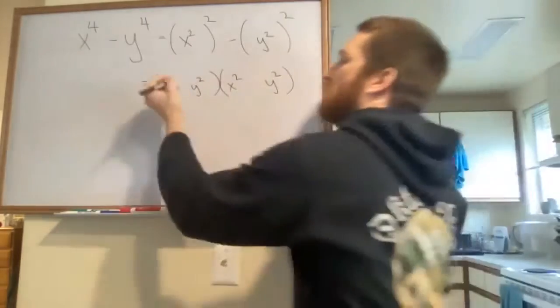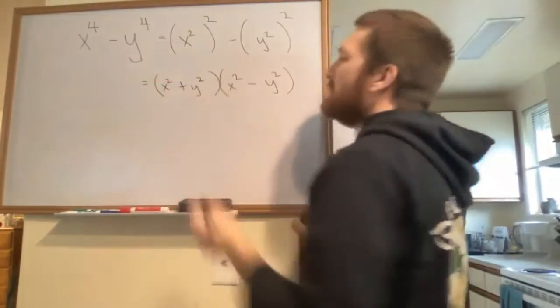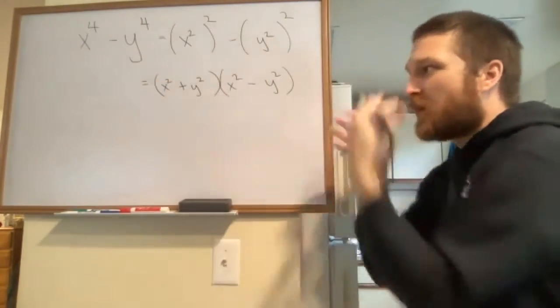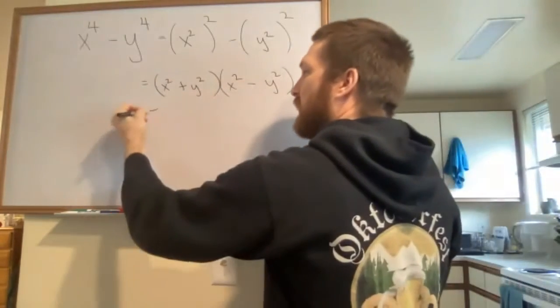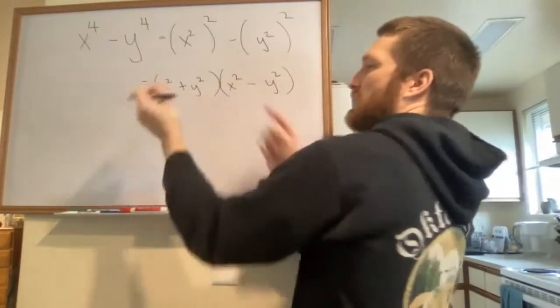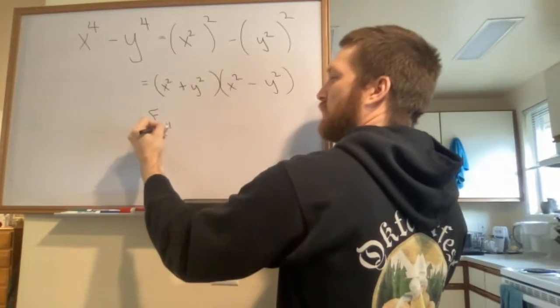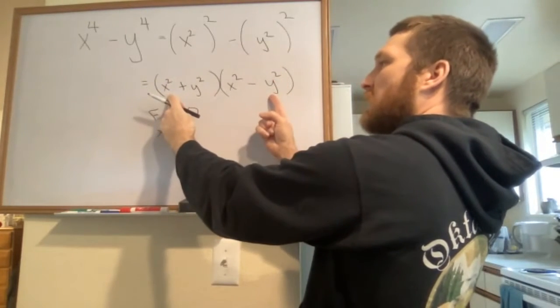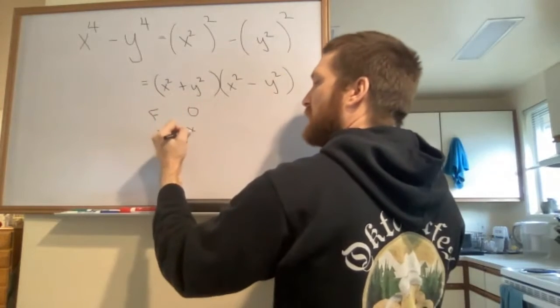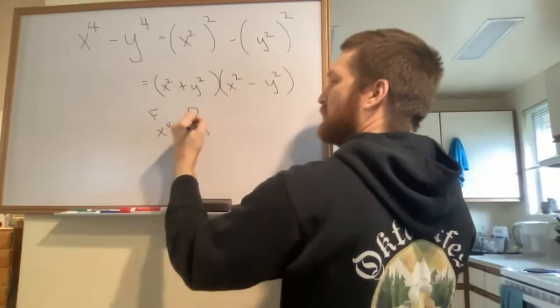Plus and minus. Okay, now, of course, anytime I do a factor, I check it, right? And so I'm going to do that. I'm going to go first, outer, inner, last. My first gives me x squared times x squared, which is x to the fourth. My outer gives me x squared times minus y squared, so that gives me minus x squared y squared.